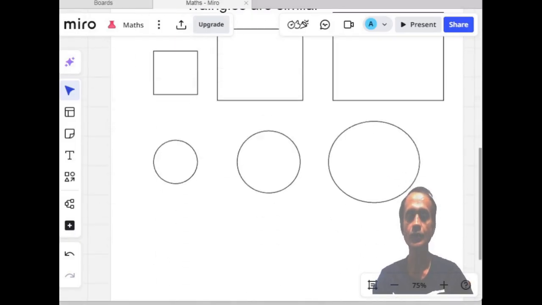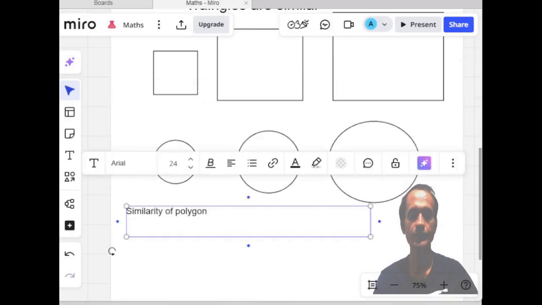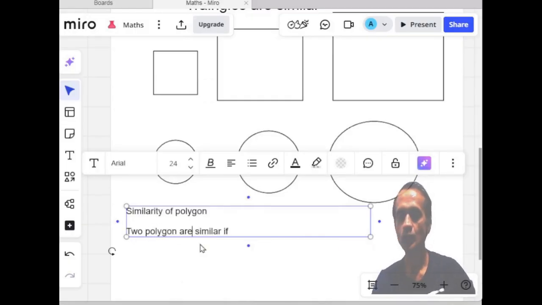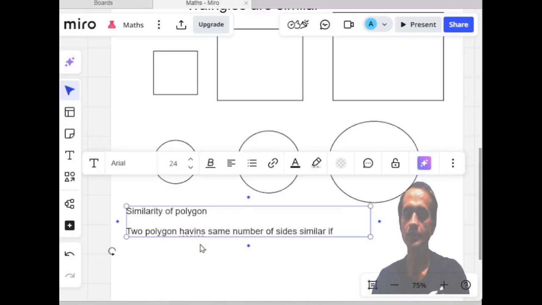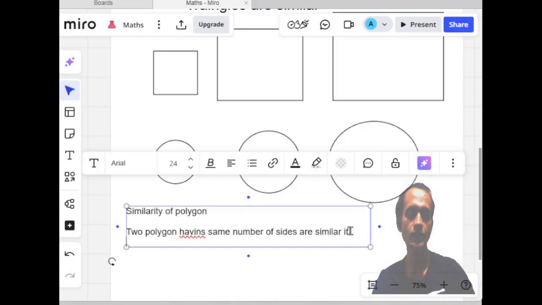Now we come to the definition of similarity. Two polygons having the same number of sides are similar if they satisfy two conditions.